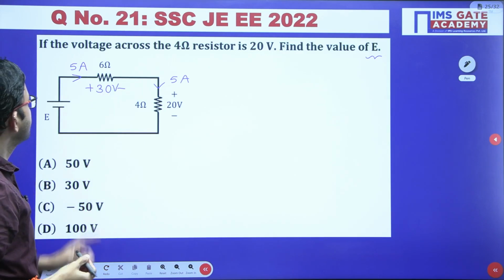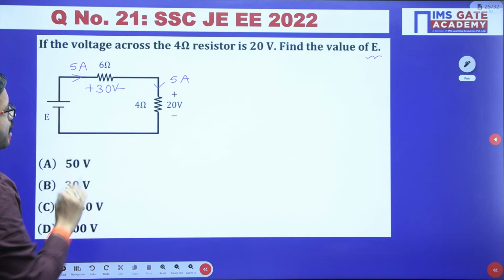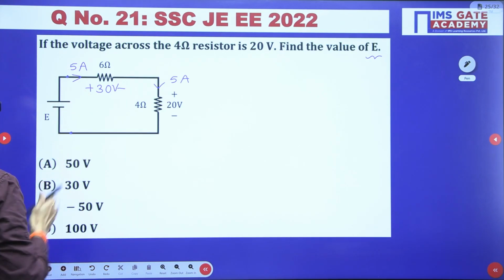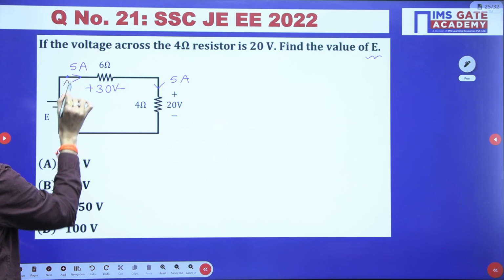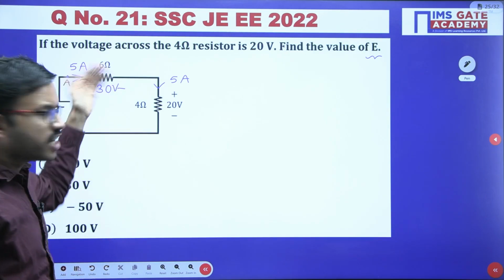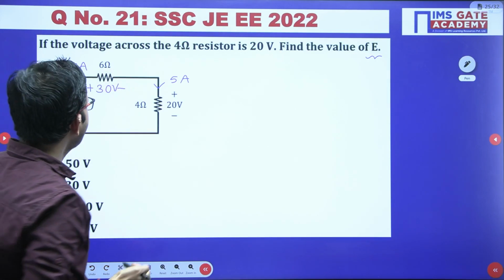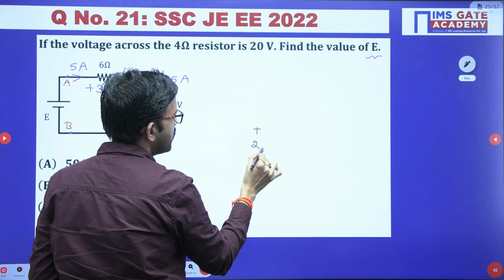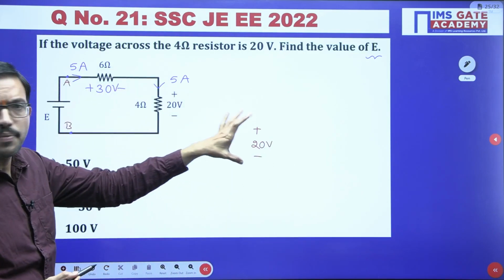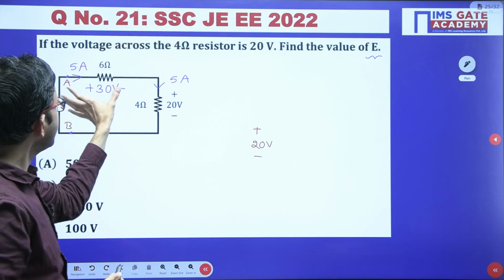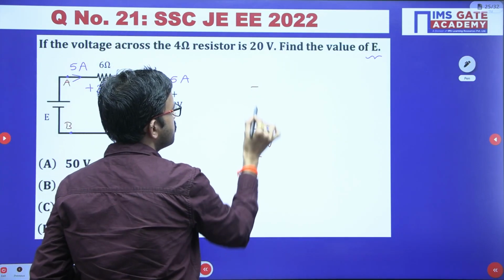Right. So now you can apply KVL, or otherwise here I am labeling the node points as A and B. If you want, you can apply KVL, otherwise I am following the approach I have mentioned. So here you are having plus minus 20 volt. Now this 6 ohm resistor I am keeping as vertical element, then you are getting polarities like this, plus minus 30.